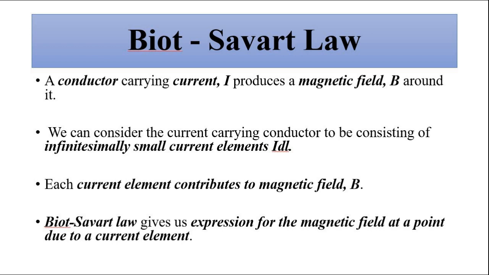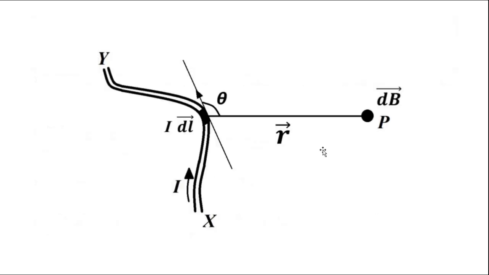Next is the Biot-Savart law, which gives us the magnetic flux density at any point away from a particular conductor, a conductor in the form of a wire. Let us say we have a current carrying element XY, it carries a current I, and we pick one small current element dl.